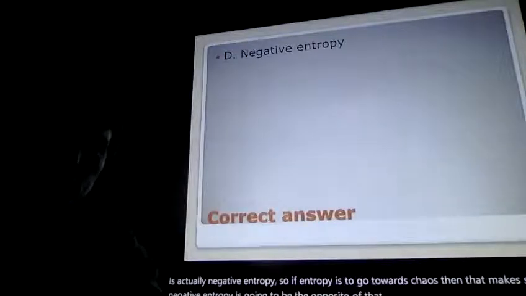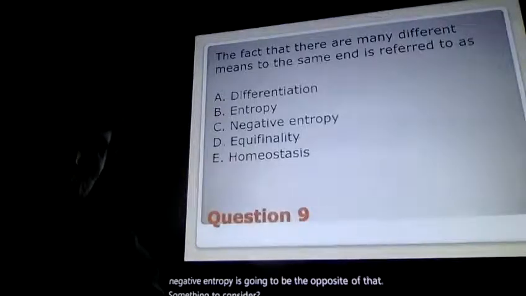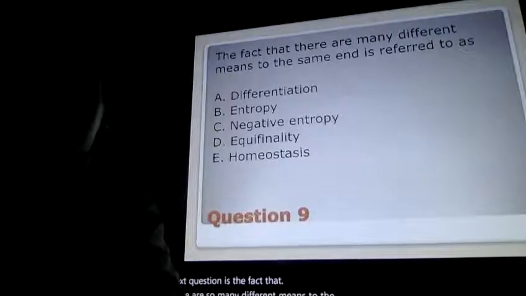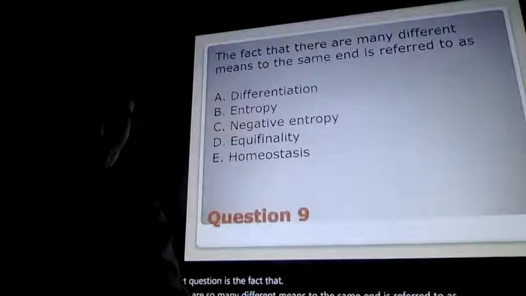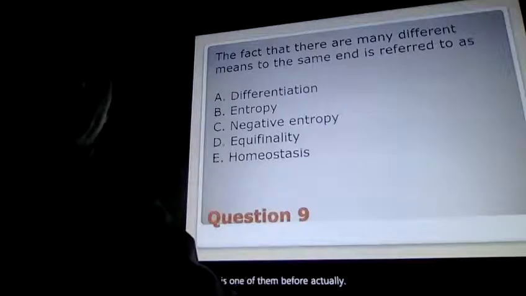Something to consider. Next question is the fact that there are so many different means to the same end is referred to as, same answer as one of them before, actually, equifinality.